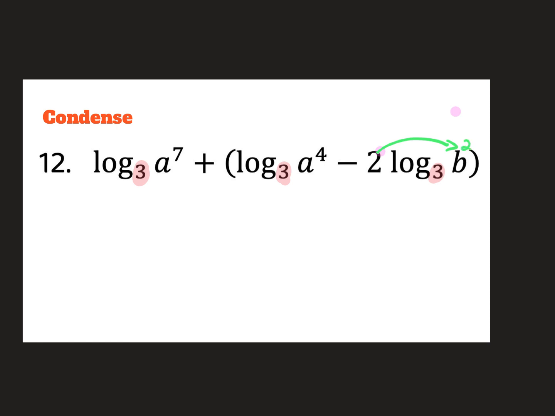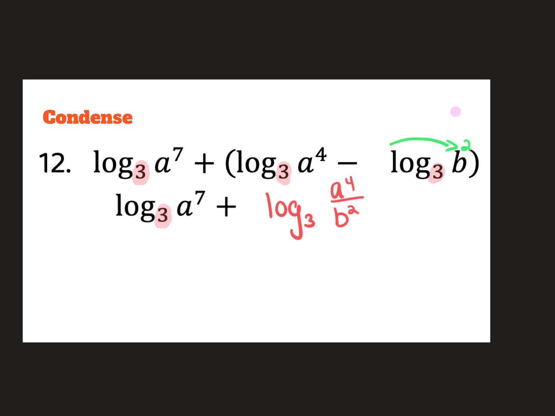So that would be a b squared here, and then I will just scribble out that 2, it's gone. Okay, so what's inside would be log base 3 of, the argument would be held by division, because this is your quotient property, a to the 4th over b squared. And then I still have this first part that was out front.